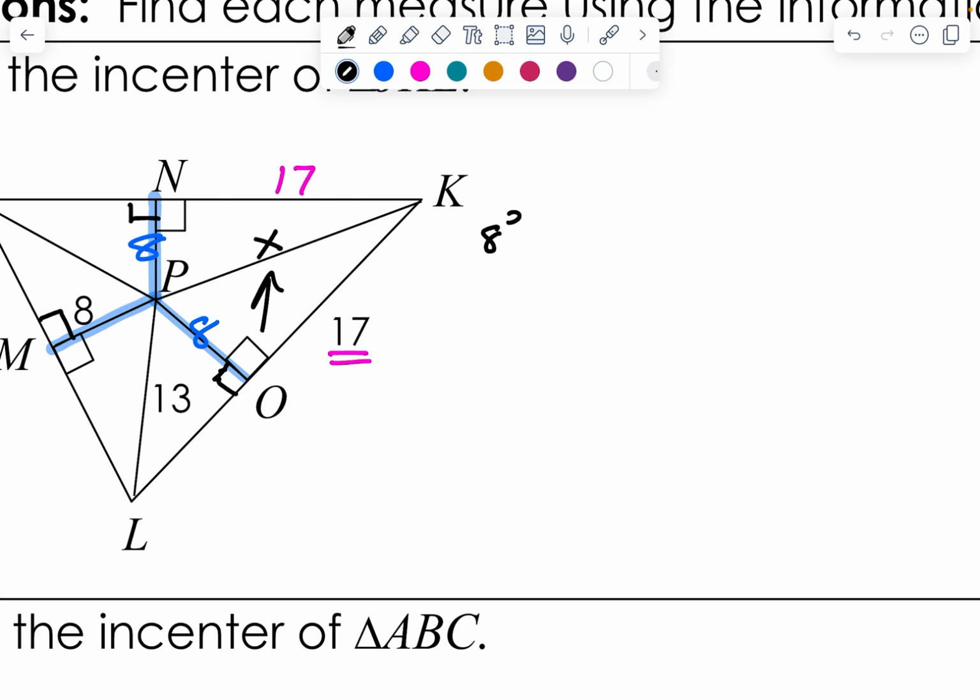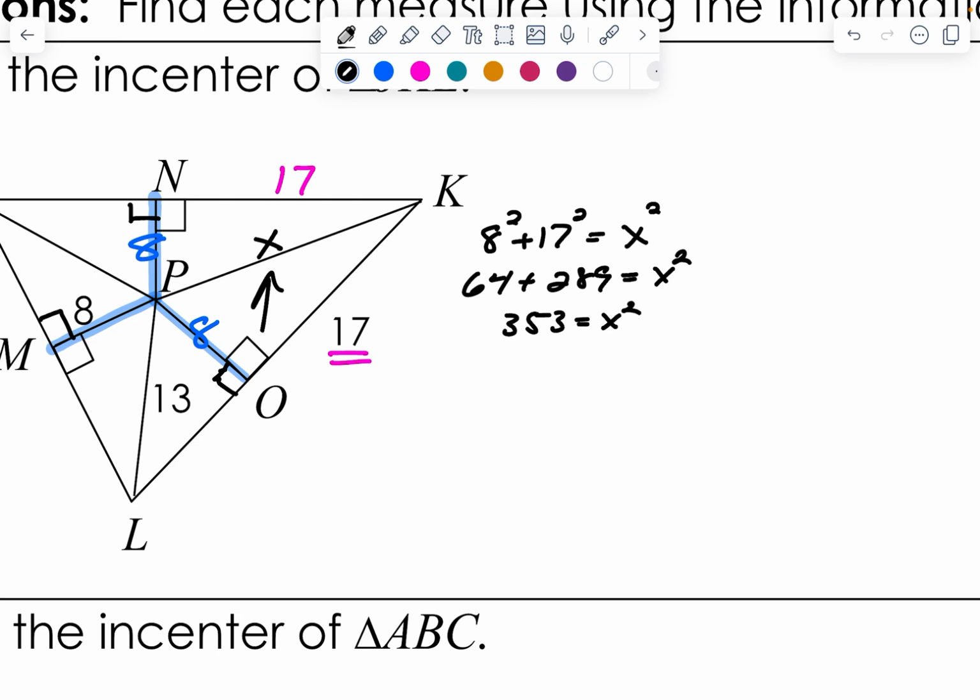So we can write 8 squared plus 17 squared equals x squared. So let's see, 17 squared. So 64 plus 289 equals x squared. 289 plus 64, we get 353 equals x squared.